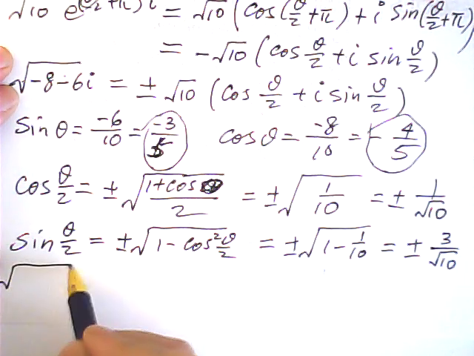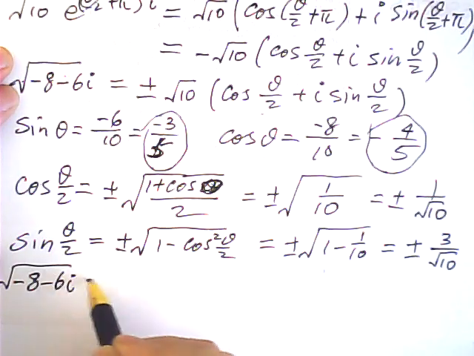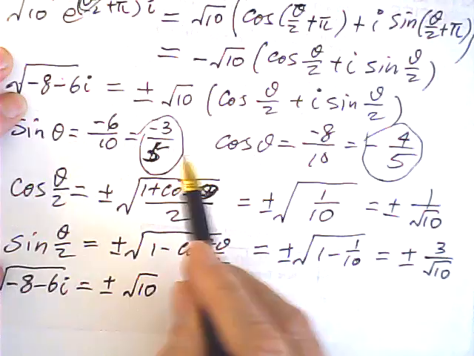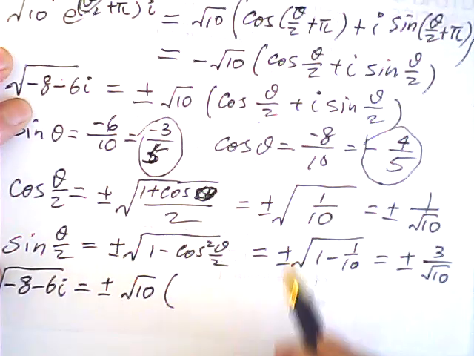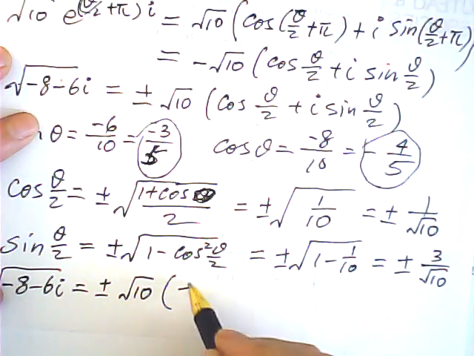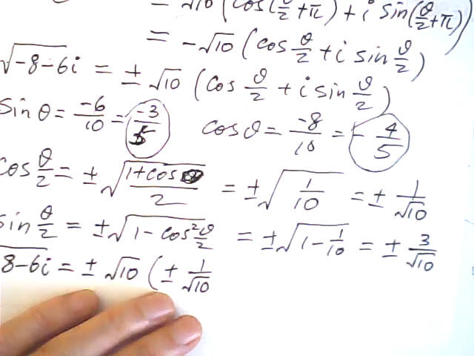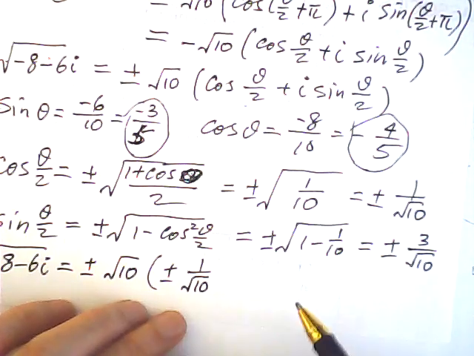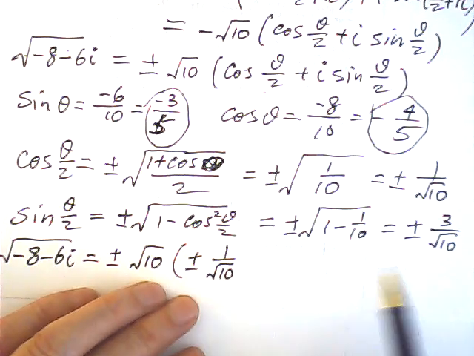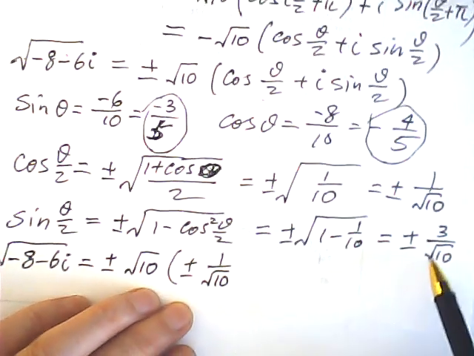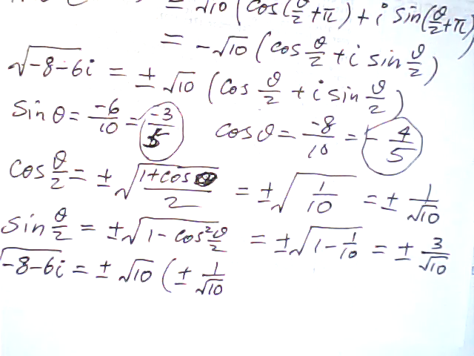Then the square root of -8 minus 6i is equal to plus or minus the square root 10 times cosine half theta plus i sine half theta. Now, this is a very important detail. How do you write the sine?